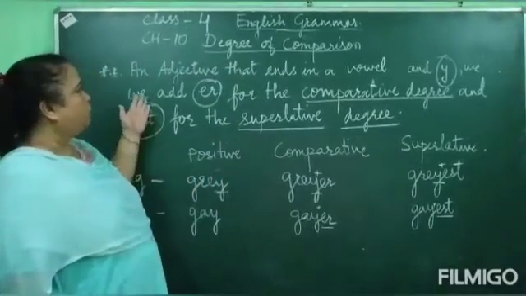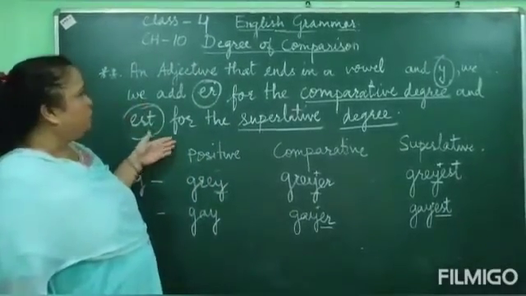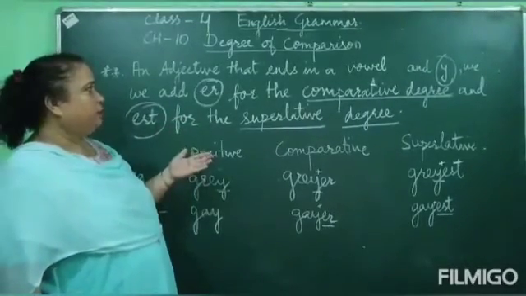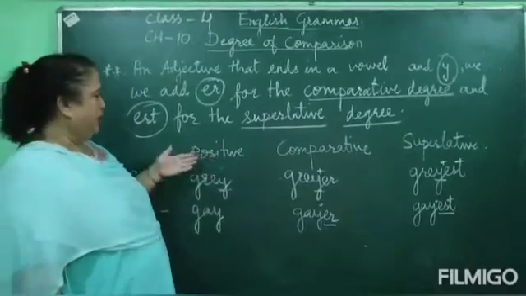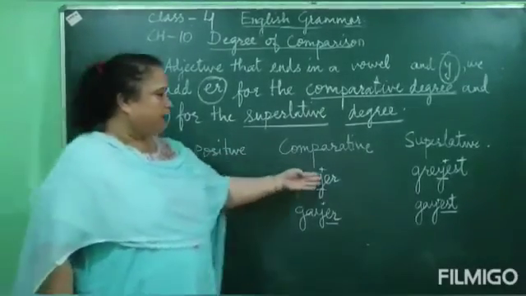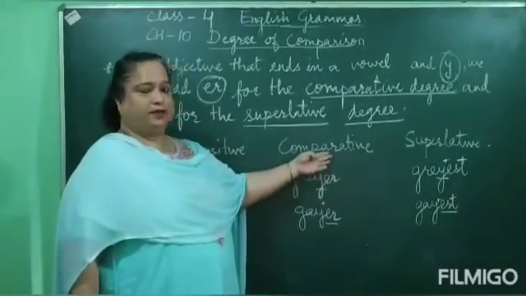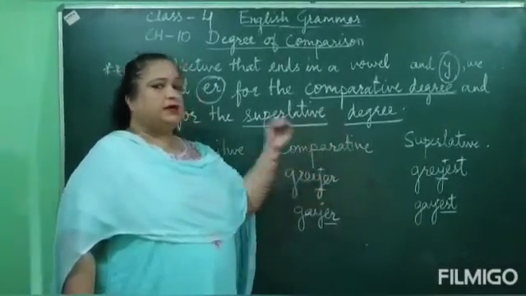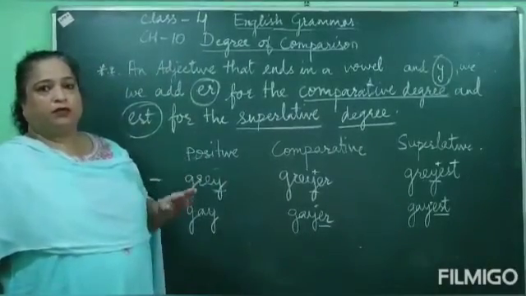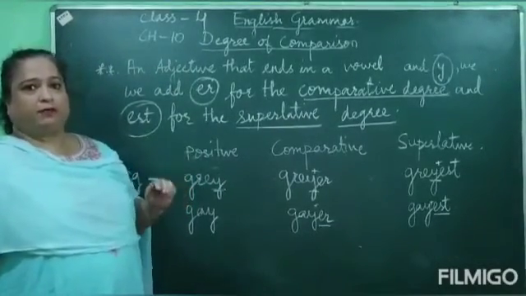I hope children you have understood how to follow the second rule. That means when the positive word ends with a vowel and Y, we add ER to form the comparative and we add EST to form the superlative, without removing or replacing any alphabet.